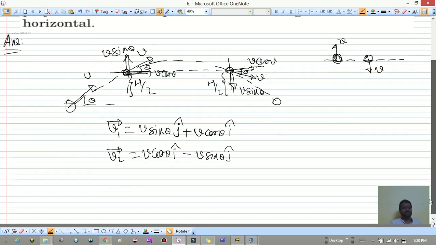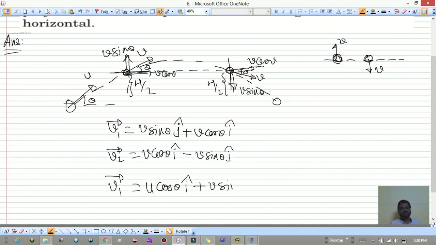Now can we write v cos theta is exactly equal to u cos theta? Yes, we can write. Why? Because the horizontal direction velocity will never change, right? So u cos theta i hat plus v sin theta j hat, and v2 bar, the final velocity, is u cos theta i hat minus v sin theta j hat.